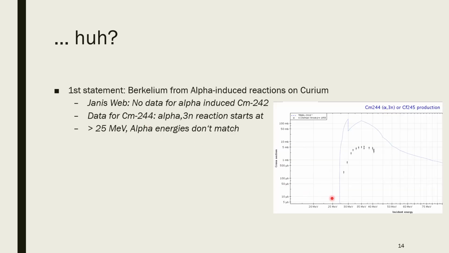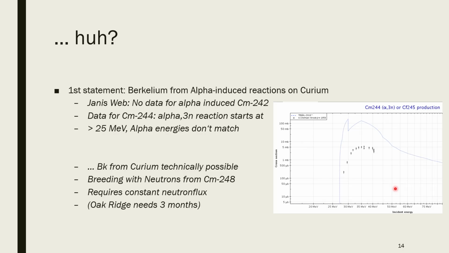But if you look at the data, which is here the calculated one, and this is the experimental data that we have, this nuclear reaction starts at above 25 mega electron volts, which is not the alpha energy of any curium isotopes. They have alpha energies in the range of maybe 7 mega electron volts at most. You won't be able to induce this reaction because there is just not enough excitation energy for these nuclear reactions to occur.